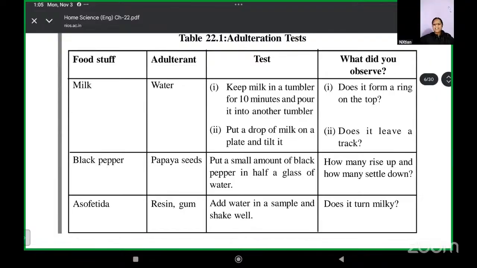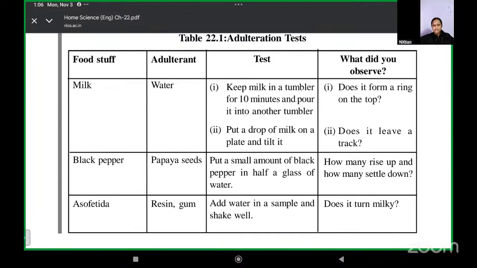Now, how to check if your product is adulterated or not? Means if it is pure or not, how do you check that? To check milk, the adulterant in milk is water. Adulterant means they make the milk consistency very thin by adding water in it. How to test it?